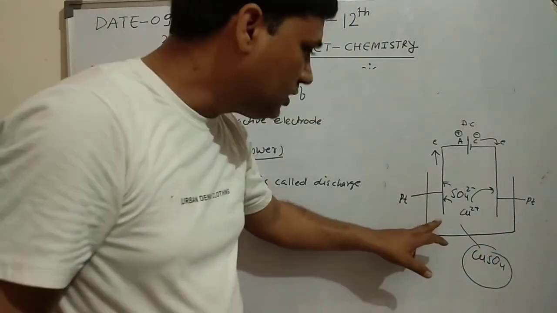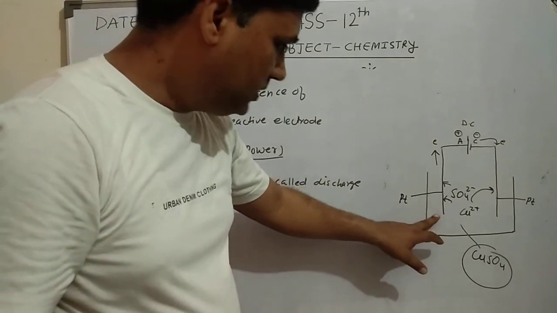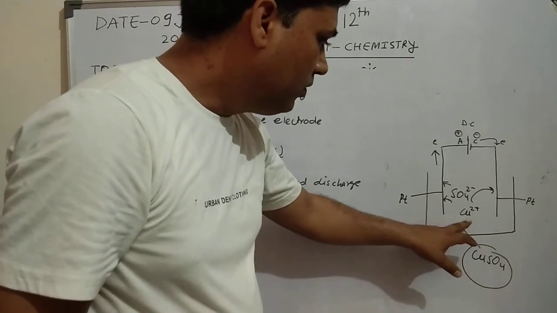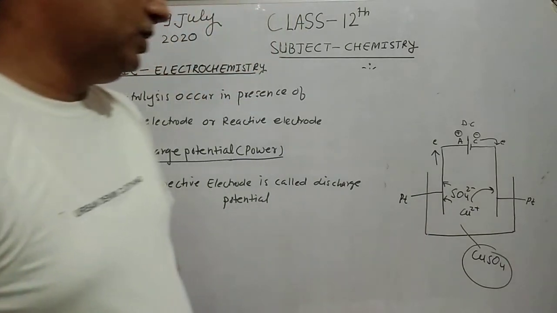So in presence of an inert electrode, cation is reduced and anion is oxidized.